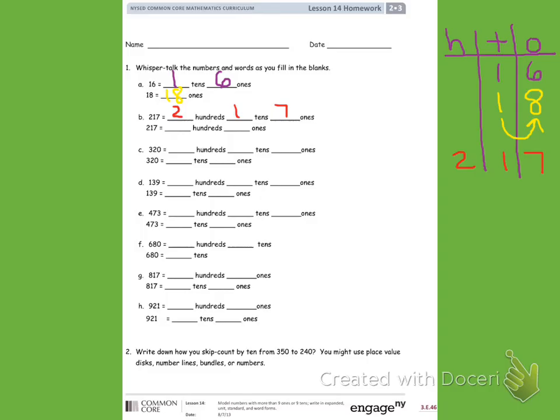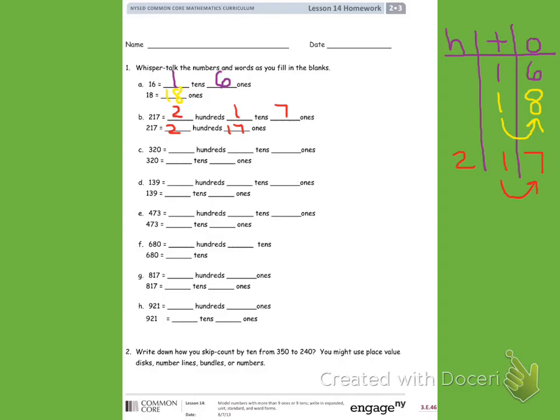Now, if I were to take out the tens column and move them all over to the ones place, then I would still have two groups of 100, but I would have 17 ones instead of a group of 10 and 7 ones. Let's try it one more time.